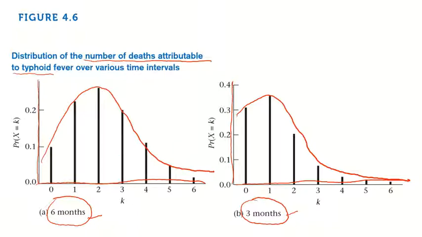So, look where the majority of the number of deaths is. In the 3-month period, that's in 1. This is the mode, 1 death. And then, in a 6-month period, the mode is here, 2 deaths.